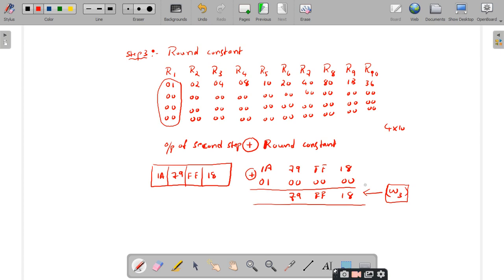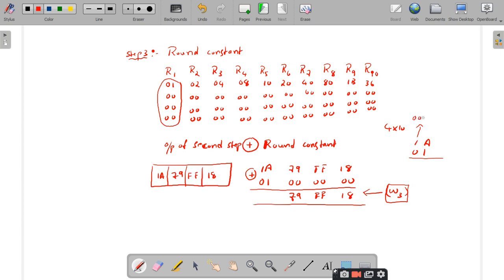Right? It is the resultant of the output which I get from W3. So what is 1A and 01? What is 1A exclusive OR 01? How can I perform this operation? Any idea? So this 1A is a hexadecimal notation, right? So 1 should be represented with 4 bits.